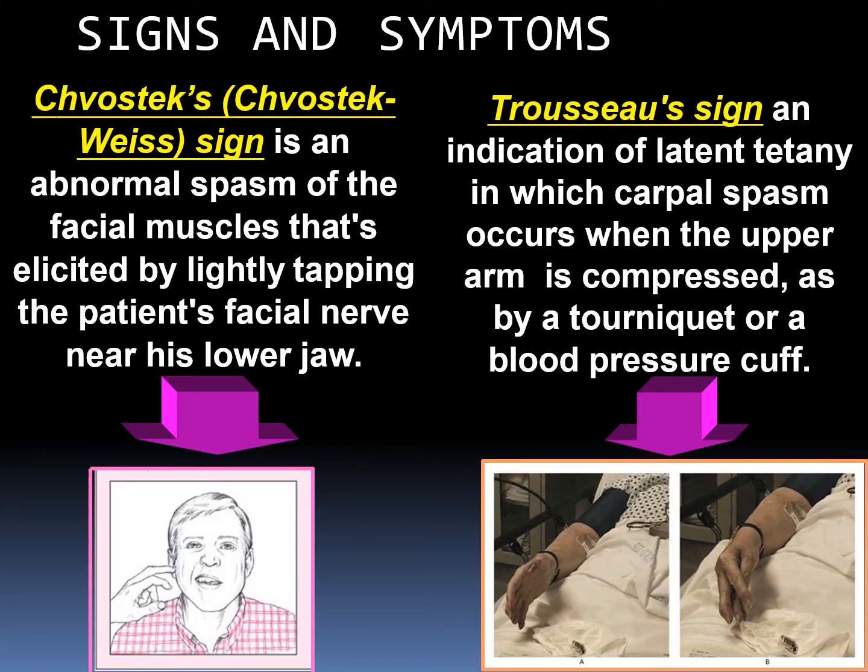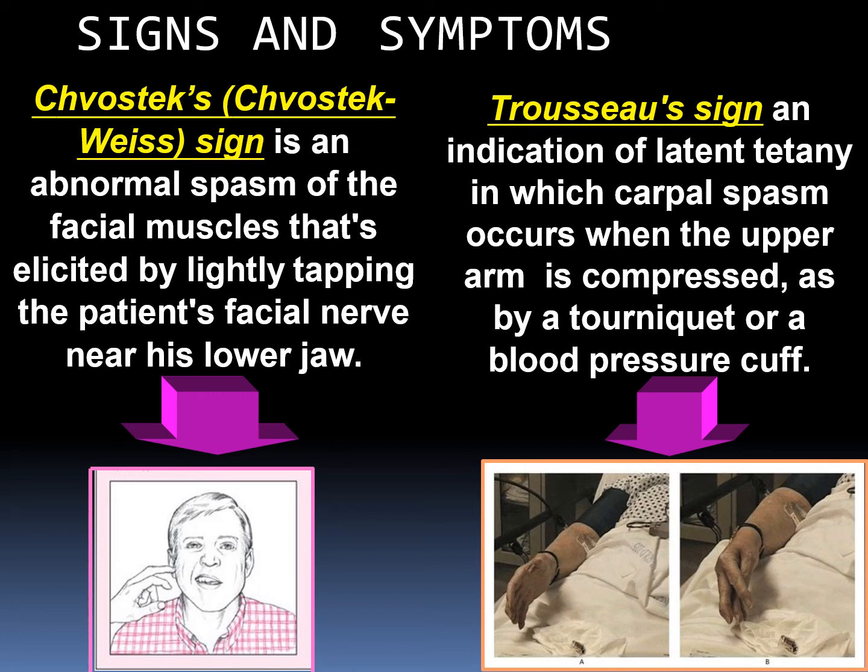Two signs are important in hypoparathyroidism to elicit latent tetany. One is Chvostek sign and the other is Trousseau sign or Trousseau phenomenon. In Chvostek sign, the facial nerve is tapped near the lower jaw of the patient and results in spasm of the facial muscles.